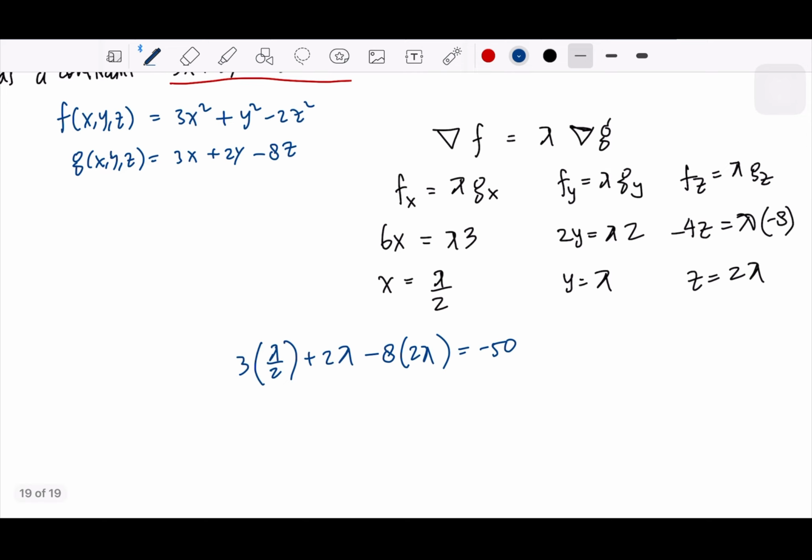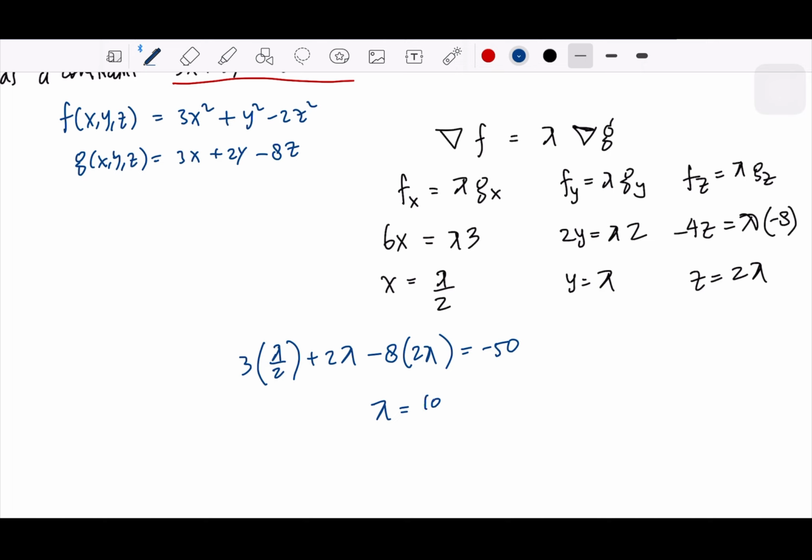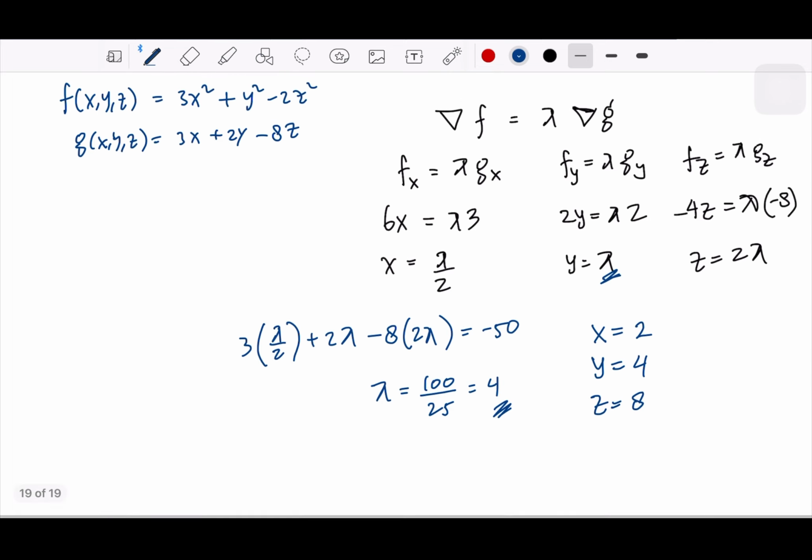Now we can solve this and find the lambda, that is 100 divided by 25, which is 4. Now we have lambda is 4, then we have x, 4 divided by 2, y from here is 4, and z will be 2 multiplied by 4, it's 8. So f at 2, 4, 8.